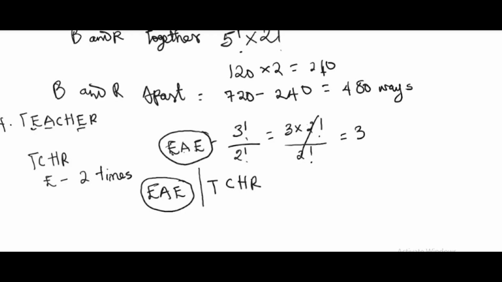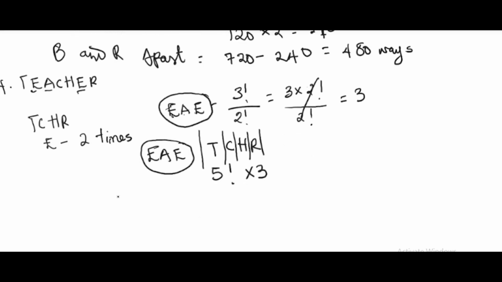So we have 1, 2, 3, 4, 5, and that is 5 factorial times 3. So treating them together, we're looking at 5 letters now. Then inside the vowels that must be together, we don't know how their togetherness will be, if it is E before E, or E, A, or just like that. So we know that 5 factorial is 120 times 3, and we'll have 360 ways, as simple as ABC.